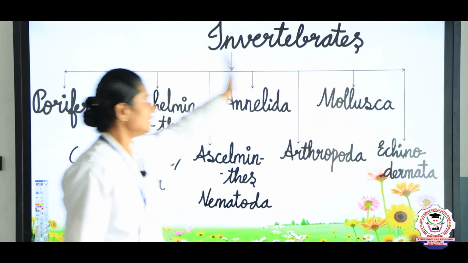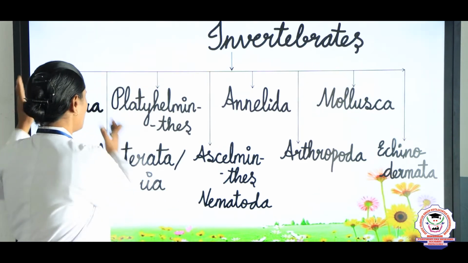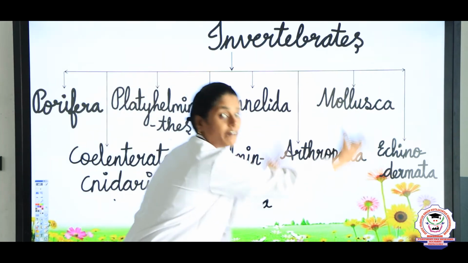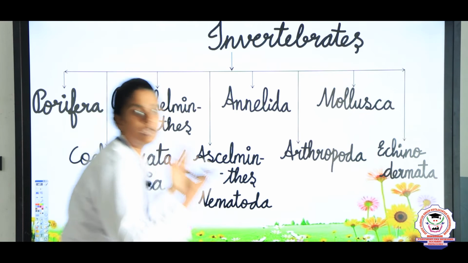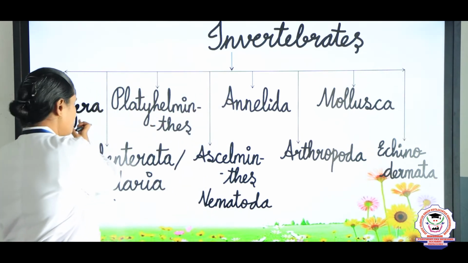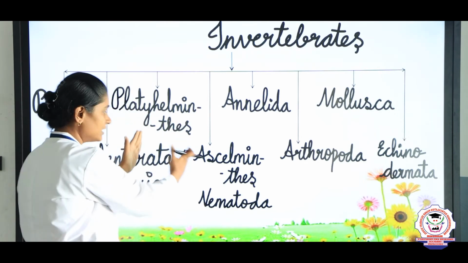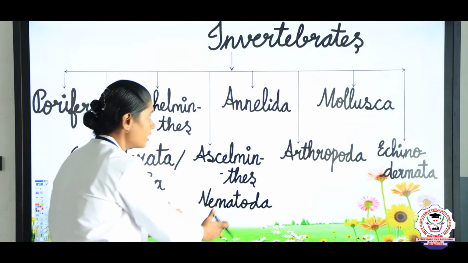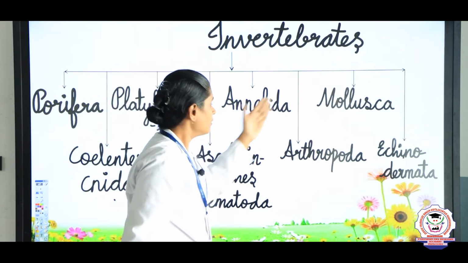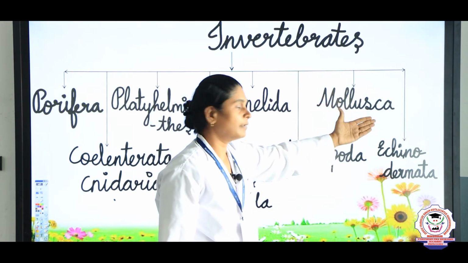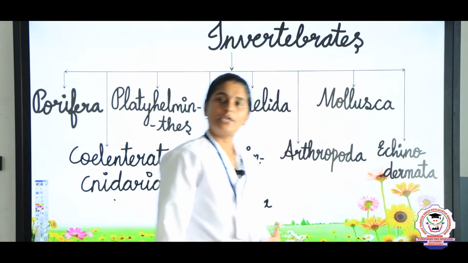So, these invertebrates are classified into 8 different phyla. They are called phylums, right. So, phylum Porifera, phylum Cnidaria, phylum Platyhelminthes, phylum Nematoda, phylum Annelida, phylum Arthropoda, phylum Mollusca and phylum Echinodermata.